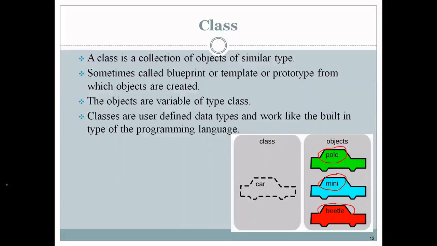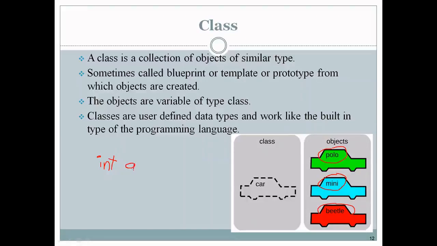Like we have built-in data types. Now consider a data type that is int. You have a type int, and from this int you can create any number of variables.